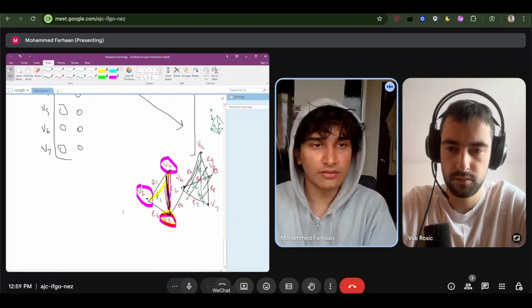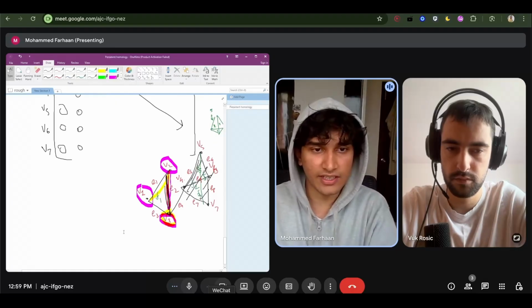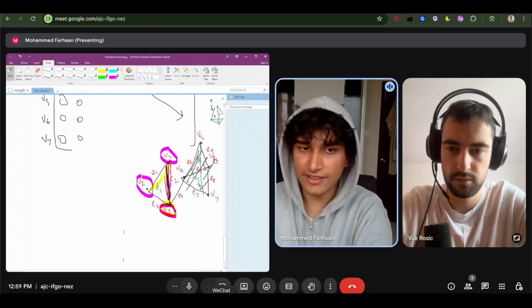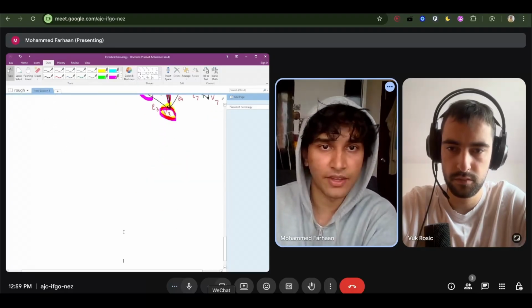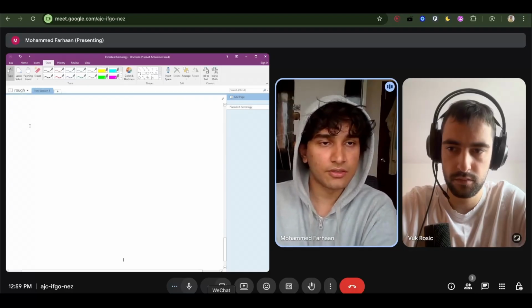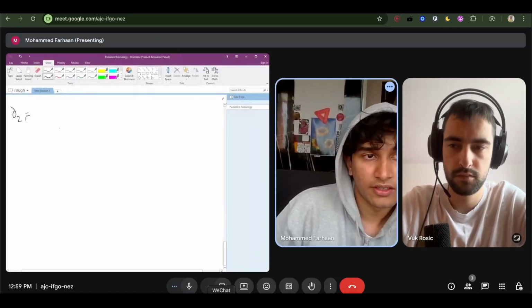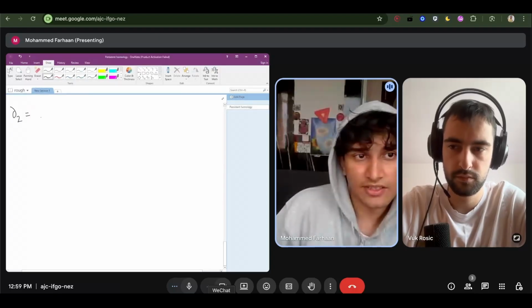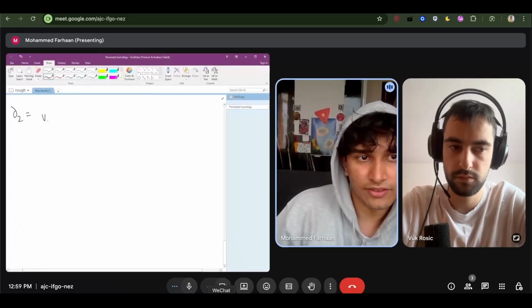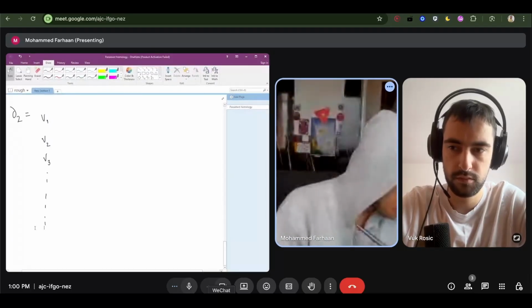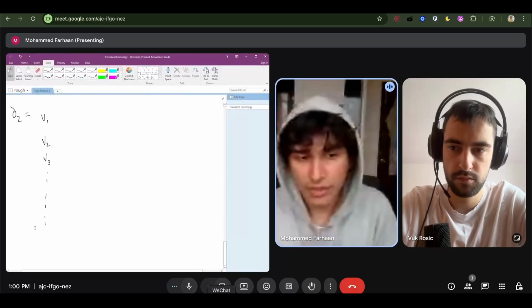Now, in the very same fashion, we also have faces in our diagram. So now delta 2 is going to be defined similarly. Instead, you have V1, V2, V3 all the way down. Or was it edge? No, my bad.